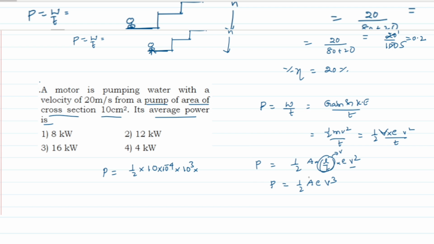So 20 whole cube is 2 to the 4, 2 to the 8, into 10 power 3. Here 10 into 10 power minus 4 and 10 power 3 cancel, and you get 4 times 10 power 3, which is nothing but 4 kilowatts.